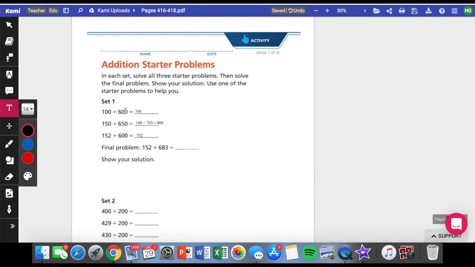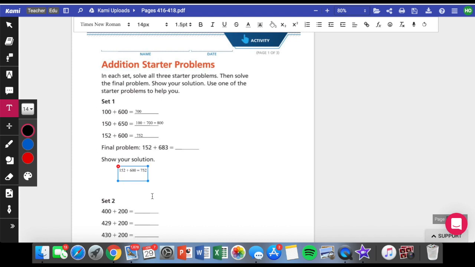I'm going to choose one of these to help me figure this out. So what I want to use is 152 plus 600. And I know that already is equal to 752. I still have 83 left.